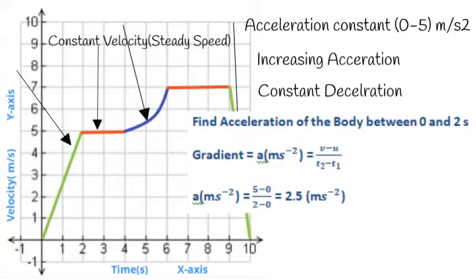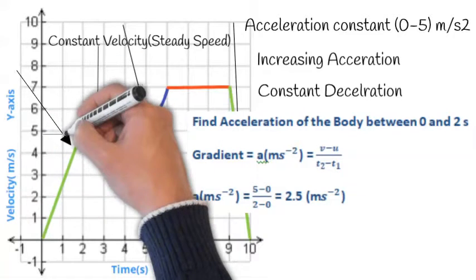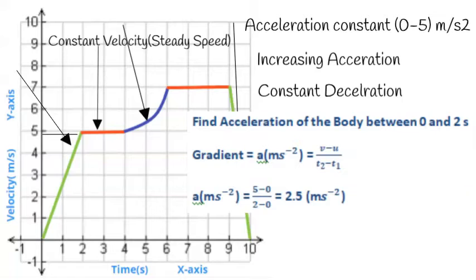For example, find acceleration of the body between 0 and 2 seconds. So gradient according to formula is equal to acceleration, meter per second square, is equal to vertical change, velocity final minus initial, and time final minus initial, horizontal change.